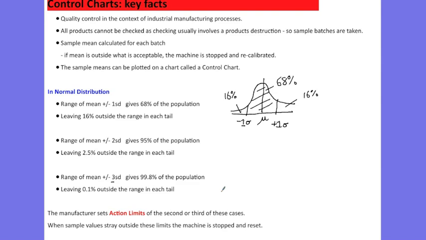Now, using this information, the manufacturer sets action limits of the second or third cases. So these here will be what the questions involve, a mean plus or minus a standard deviation of 2 or 3. Again, as mentioned above, when a sample value strays outside of these limits, the machine will stop and be reset. Let's take a look at some of these questions now in context.